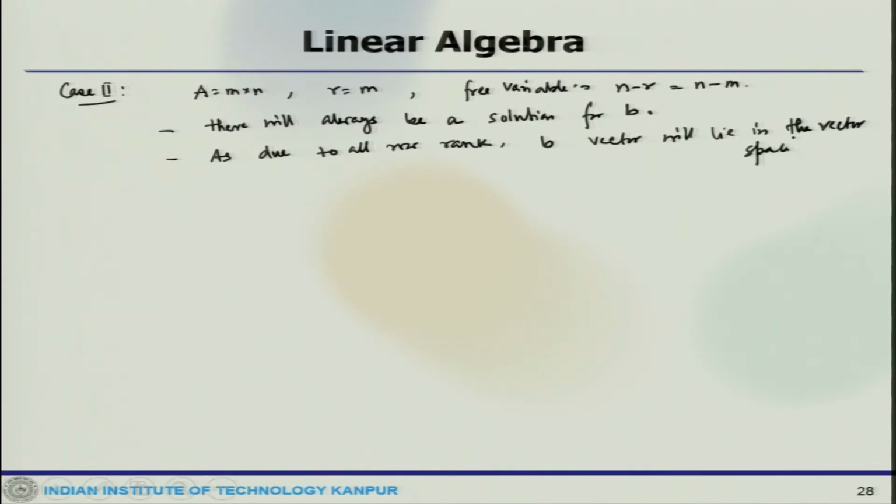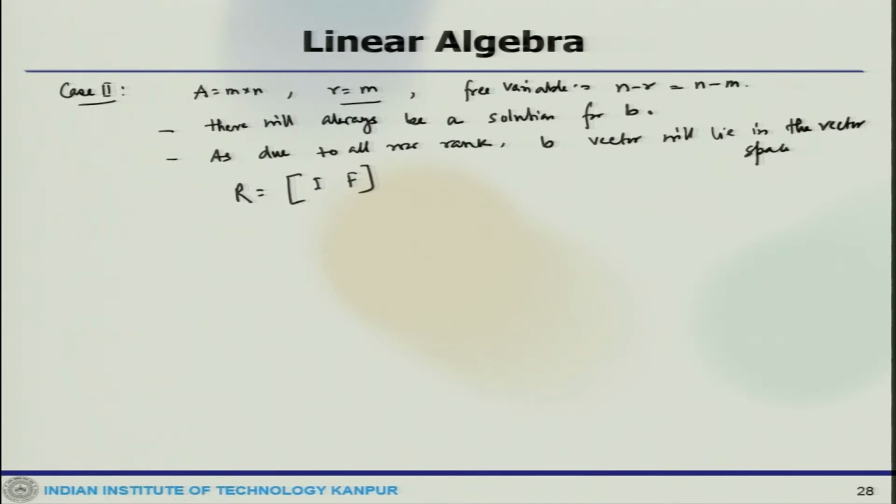If you take an example and reduce it, the row reduced form will look like that, because you have a complete row rank.